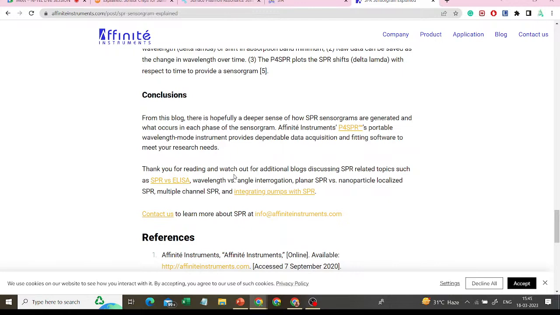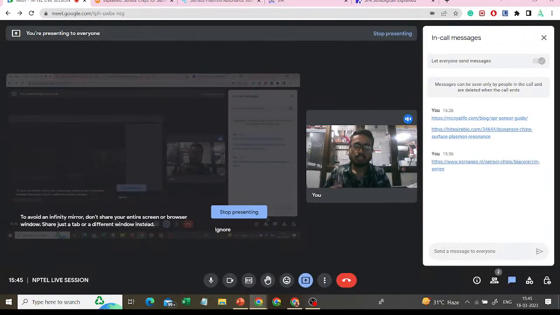Then whatever change in resonance shift we are getting is just because of the binding of your analyte to that particular ligand.